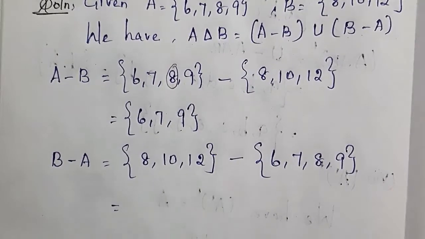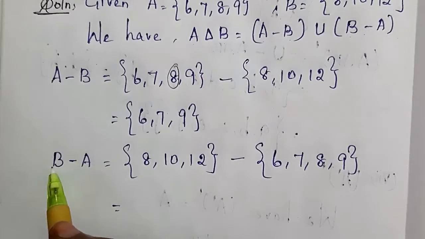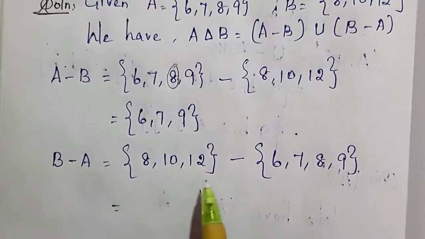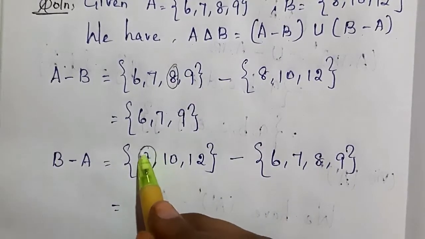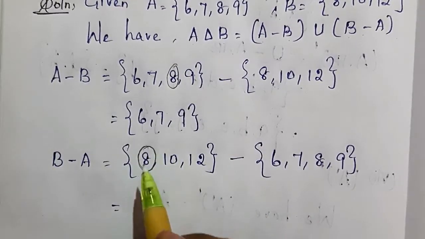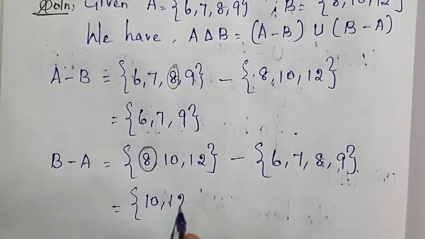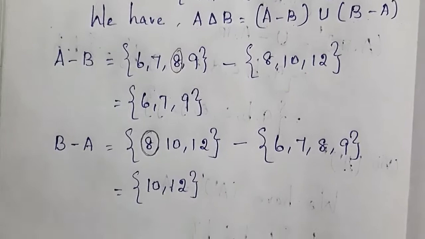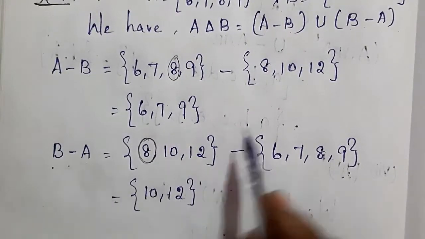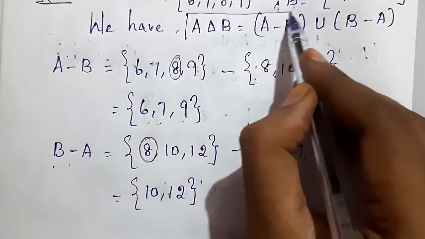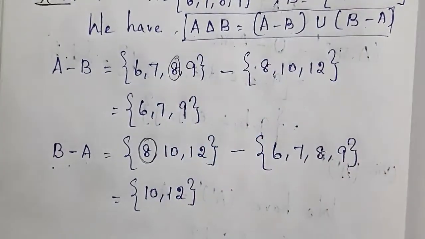Here you have to remove A from the set B. Find the common element. The only common element is 8. Just remove 8 and write the remaining elements, that is 10 and 12. Okay, so now we found A minus B and B minus A. Next we can apply them in this formula. Clear?